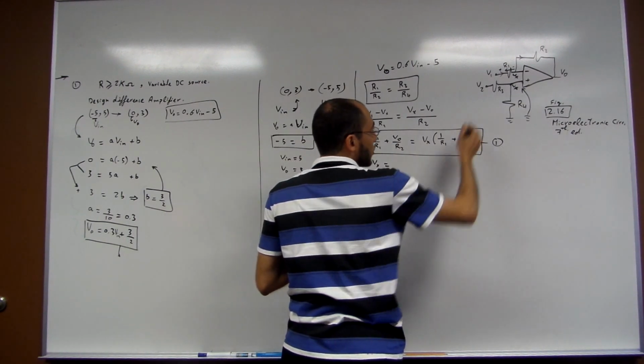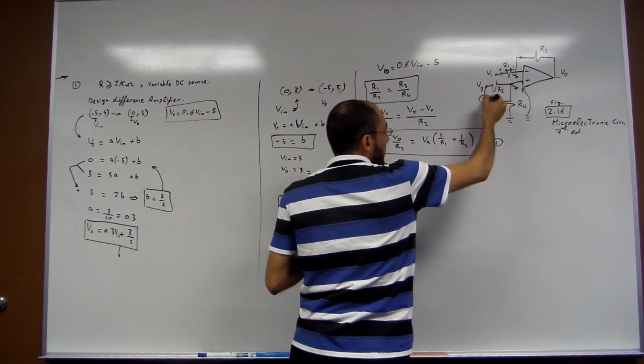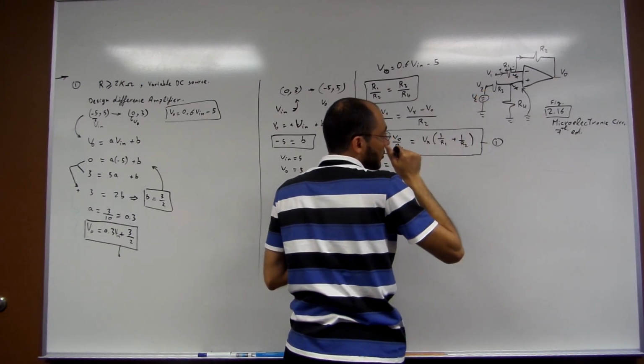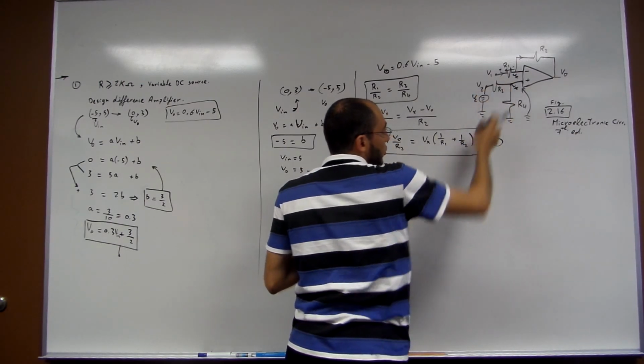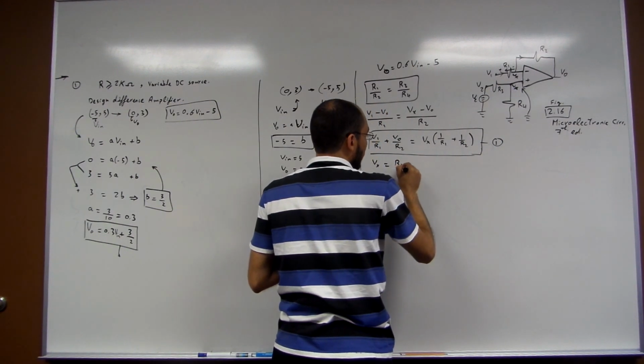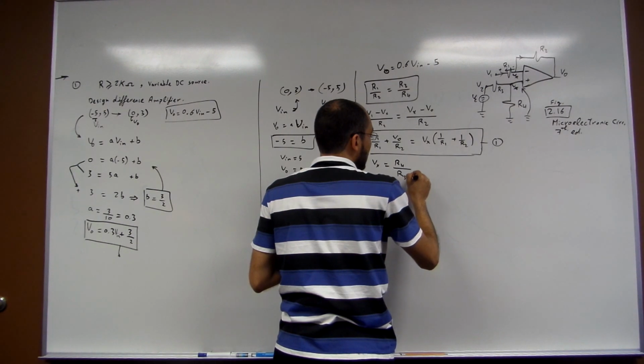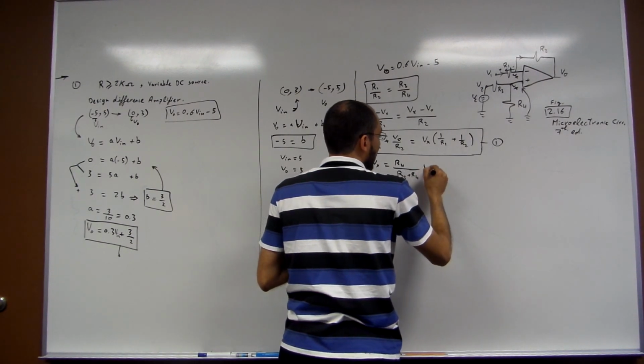Imagine you have a source here with value V2, and apply the voltage divider rule: R4 over R3 plus R4 multiplied by V2.